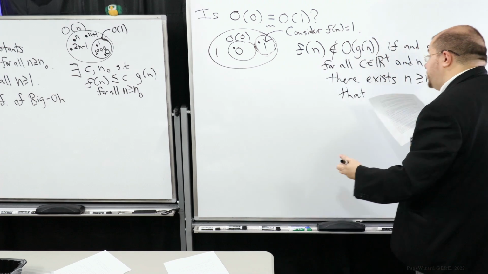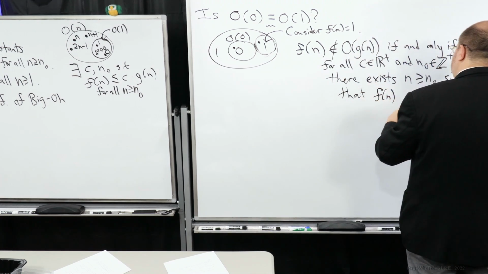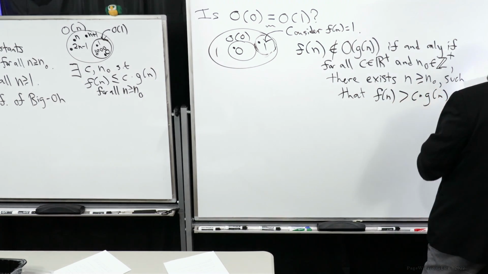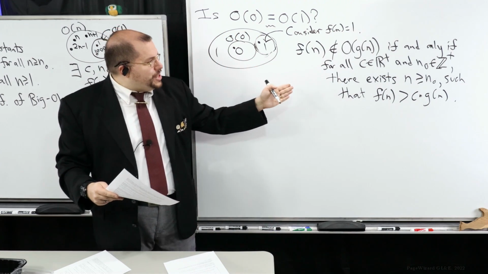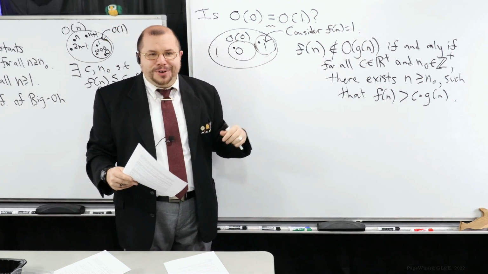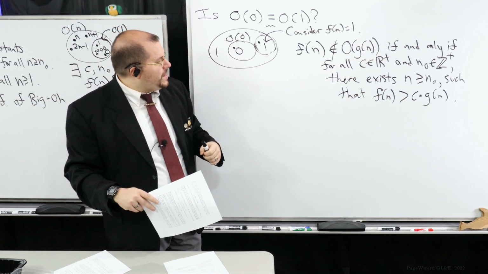It means that the inequality is false, right? It got refuted for that value of n. So this is what we would call the negation of the big O definition. This is one standard way you can prove that a function is not big O of another function.